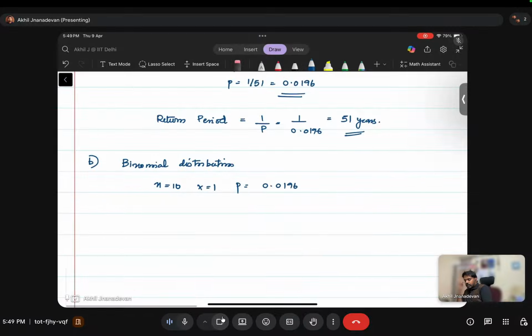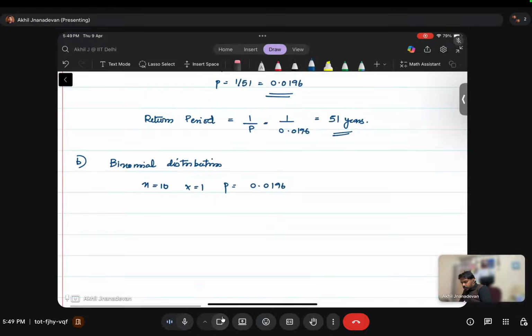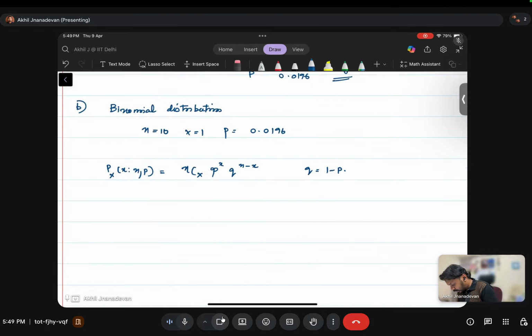The binomial distribution is given by P of x equals nCx p raised to x, q raised to n minus x, where q is equal to 1 minus p. So we can substitute to find the probability of x equal to 1, n equal to 10, and p equal to 0.0196.